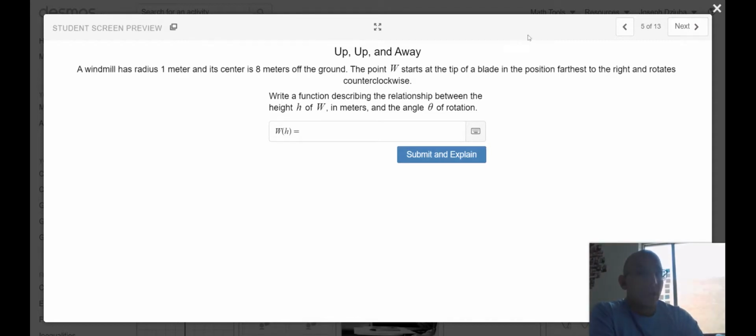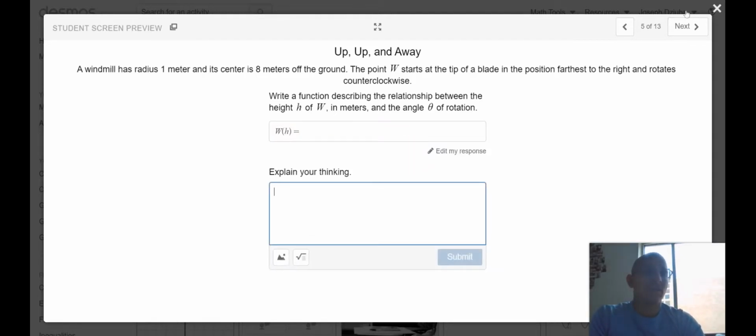It rotates counterclockwise. So we're not changing anything except the initial height of the function. Once again, create a function that describes the relationship between height, h of w in meters, and the angle theta of rotation. Whatever your trig function is, you need to have an input of theta. After that, we'll explain our thinking.